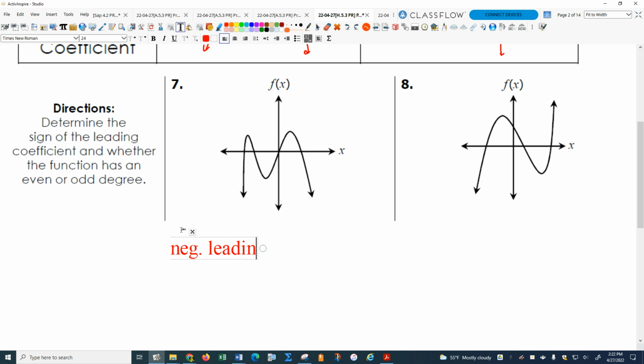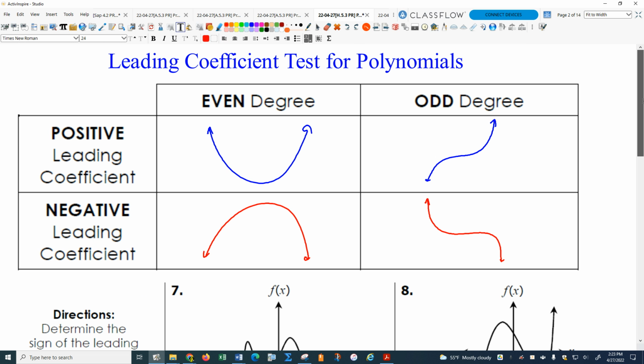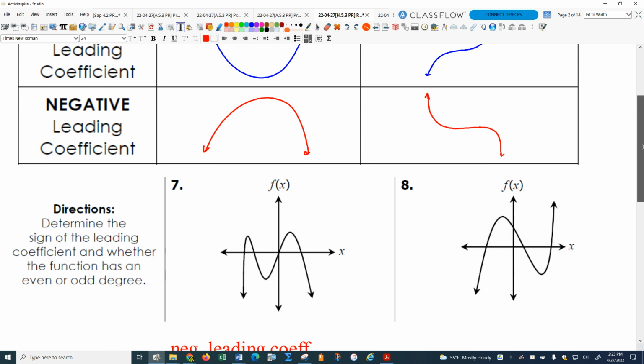Negative leading coefficient, right? Even or odd? It's going to be even, isn't it? How come? Because the end behavior is going the same way, right? If we go back and look at our recipe, for even degree functions, that's when the end behavior is the same to the left and right. This just happens to be negative leading coefficient even.